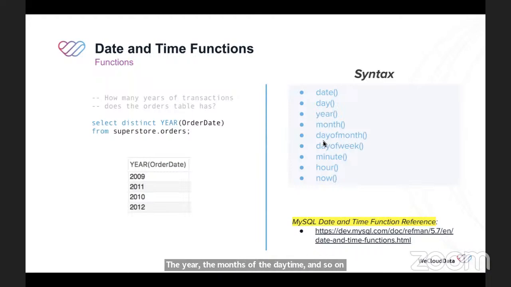The dayofmonth function is not used very often, just because it basically does the same thing as the day function. It tells you which day of the month it is, which is the same thing the day function does. But the dayofweek function will give you, I believe, 0 to 6 for the day of the week.